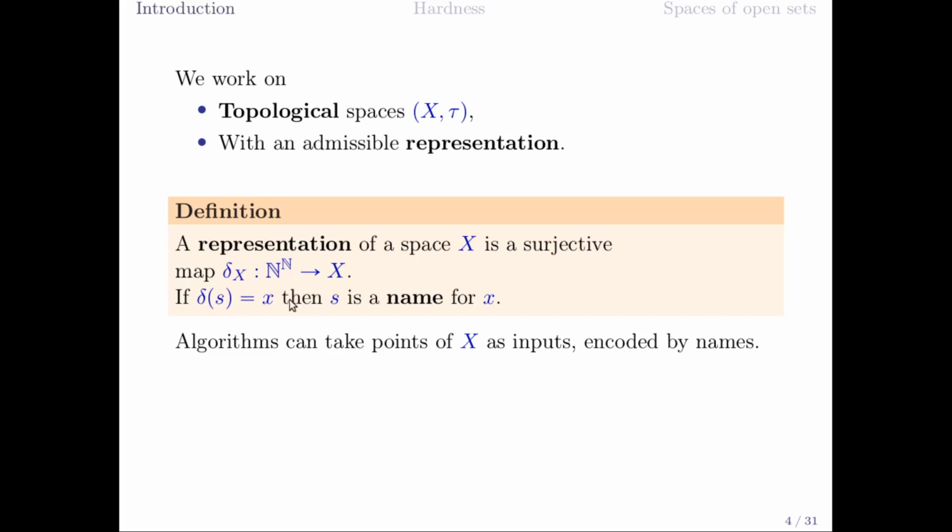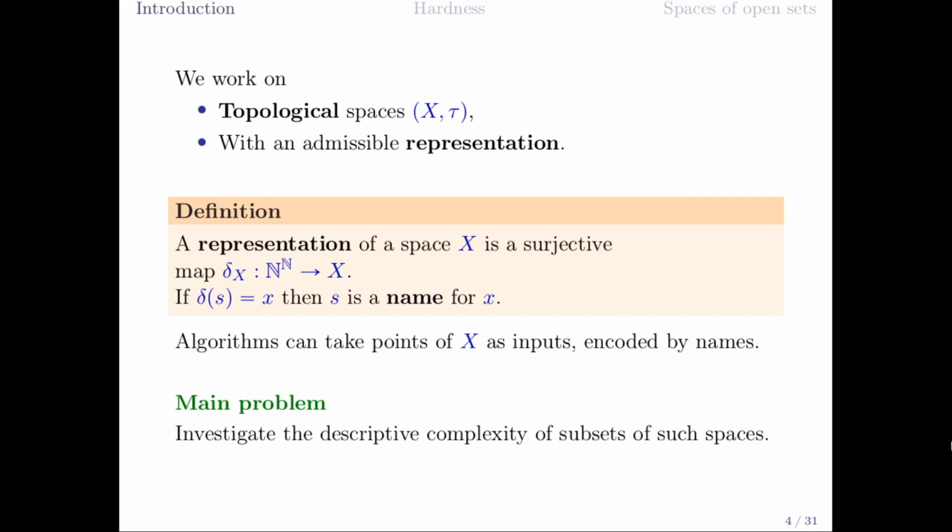So every point has what we call names, which are symbolic representations of the point. And in a represented space, you can do computations. You can have a Turing machine or an algorithm that takes a point as input by taking any name of the point. A name is infinite, but it's made of discrete objects, and a Turing machine can take such a sequence S as oracle.